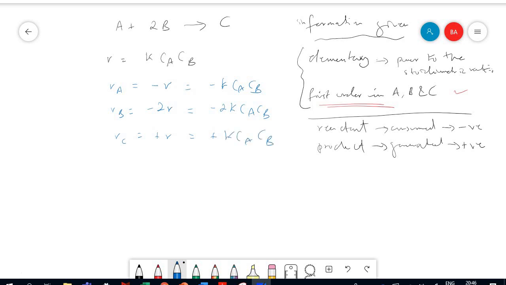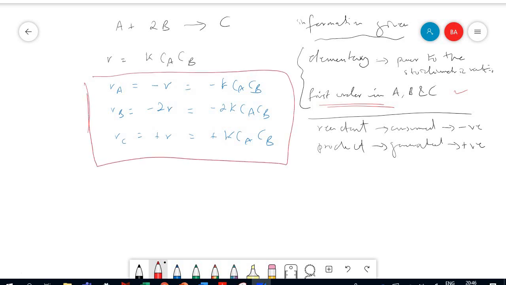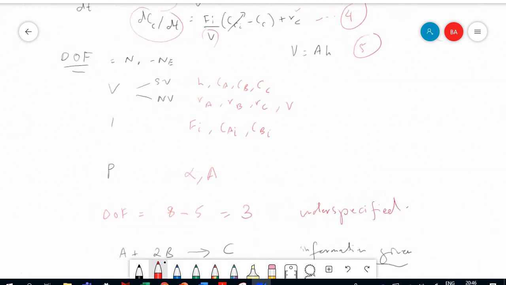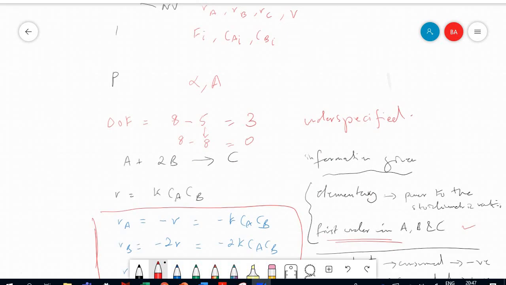Beautiful. These are the three equations that I have here, and by adding them, I don't have any other variables, it's all Ca and Cb. In the degree of freedom, rather than 5, now I have three more equations, so 8 minus 8 is equal to 0.